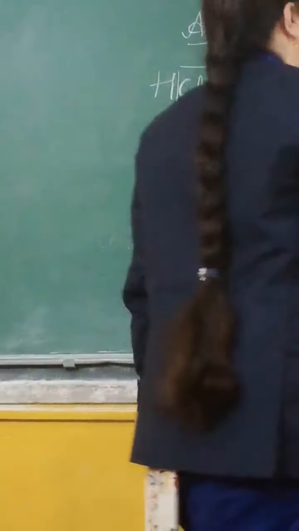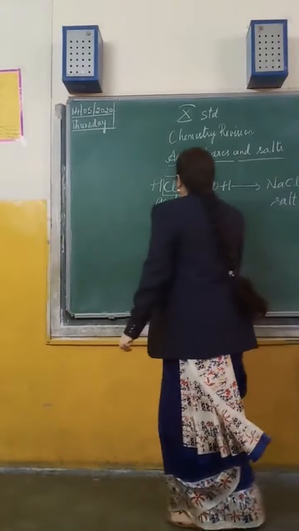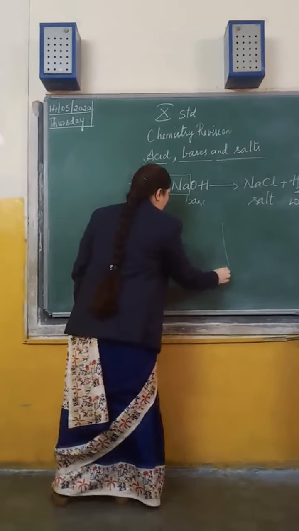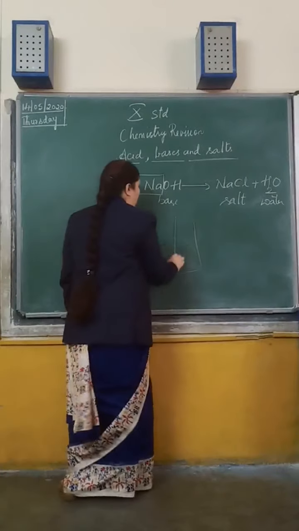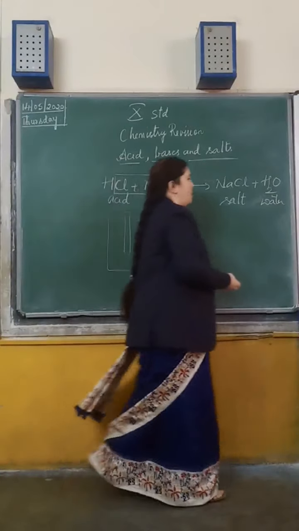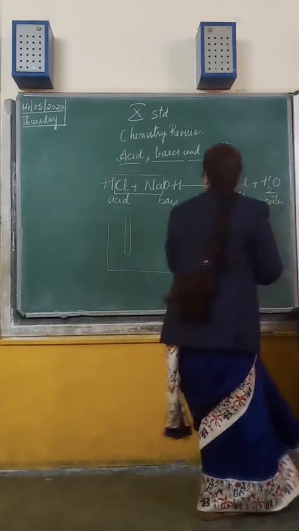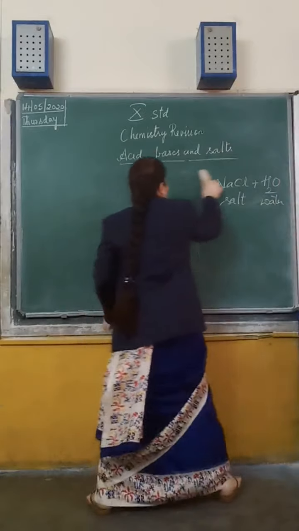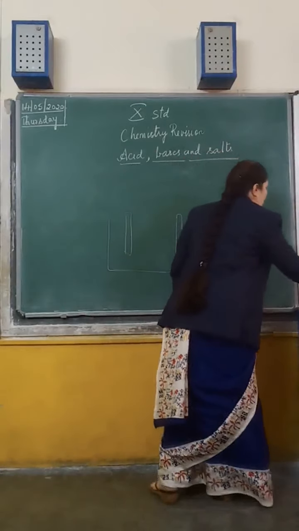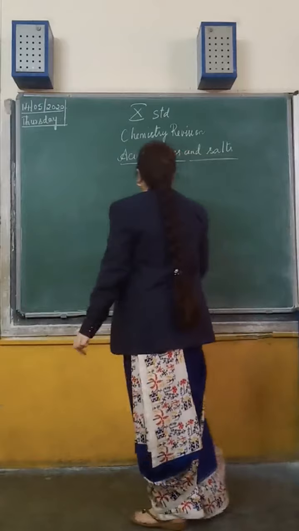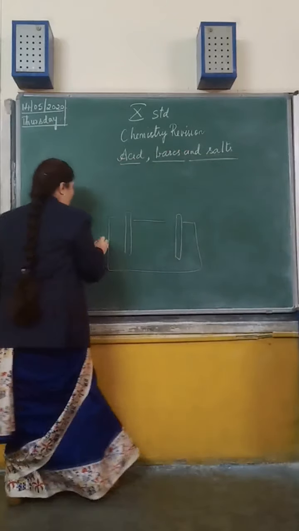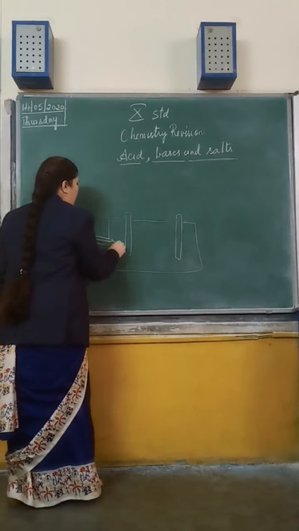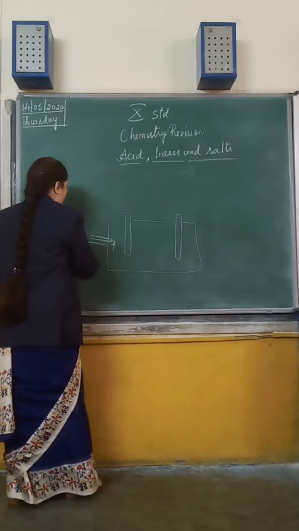So what is the electrolysis process here? A brine solution is taken in a large tank fitted with electrodes. What is brine solution? Brine solution is nothing but salt solution. Here the brine solution, NaCl, is introduced.